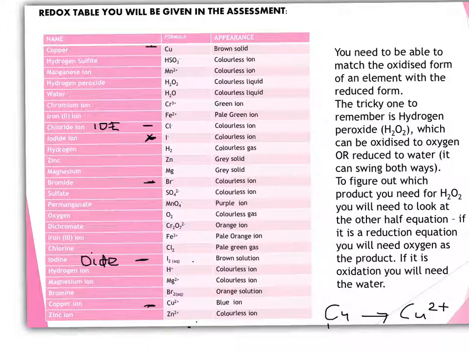Hydrogen sulfite, it's got sulfur in it, and the only other thing in here that's got sulfur is sulfate, so that must be the half equation. The tricky one I've mentioned here is hydrogen peroxide. This thing here, it could go to water when it's reduced, or it could go to oxygen when it's oxidized.